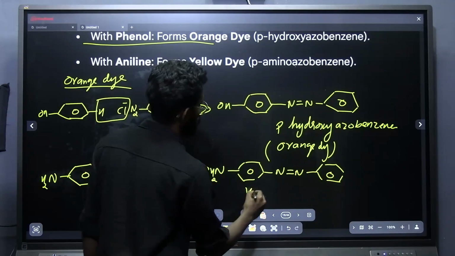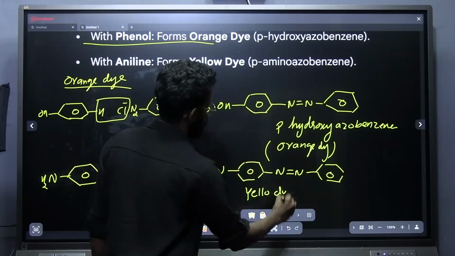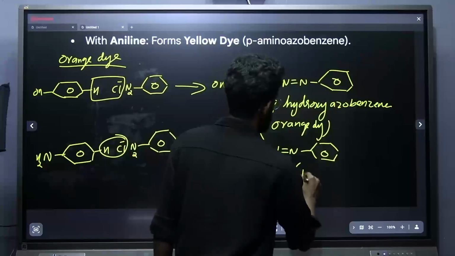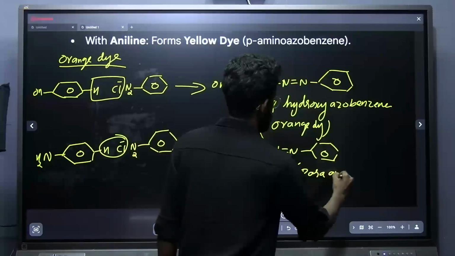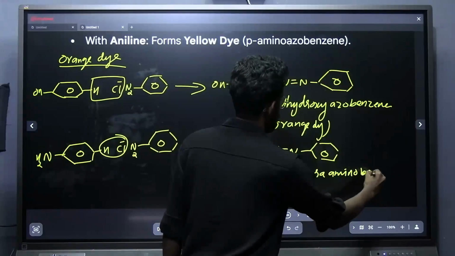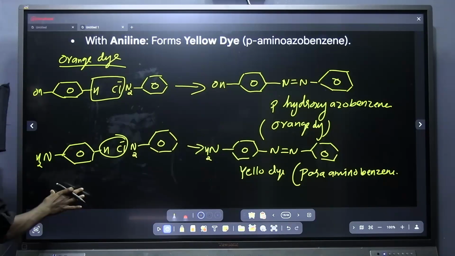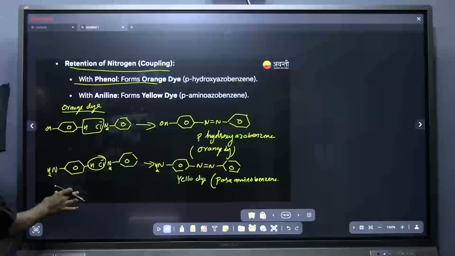So this is what we call it as yellow dye, and the name is para-aminoazobenzene.